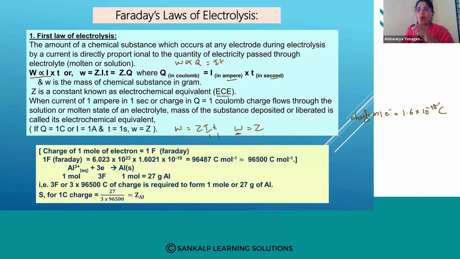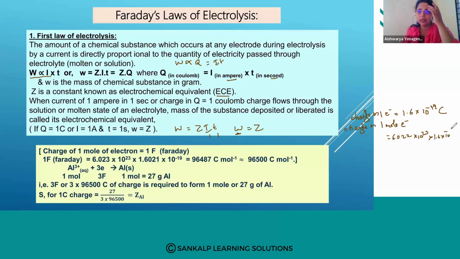This is the charge on 1 electron. But when we say the charge on 1 mole of electrons, what is 1 mole equal to? 1 mole is nothing but 6.022 into 10 raised to 23, multiplied by the charge of 1 electron.